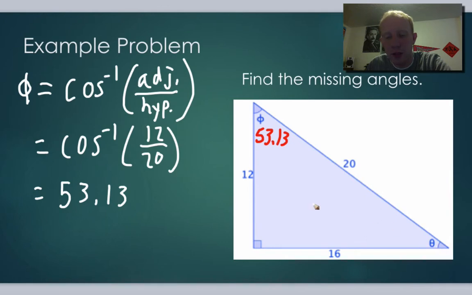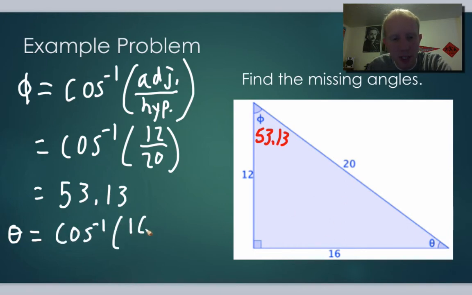So for this angle theta, we could say theta equals, again, cosine inverse of adjacent over hypotenuse. So cosine inverse of 16 over 20. And that, again, if you put in your calculator correctly, you should get that is equal to 36.87. Okay?